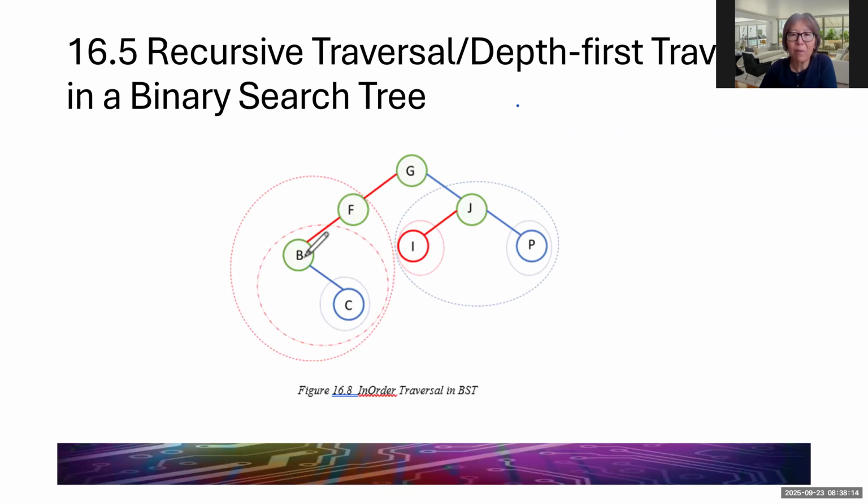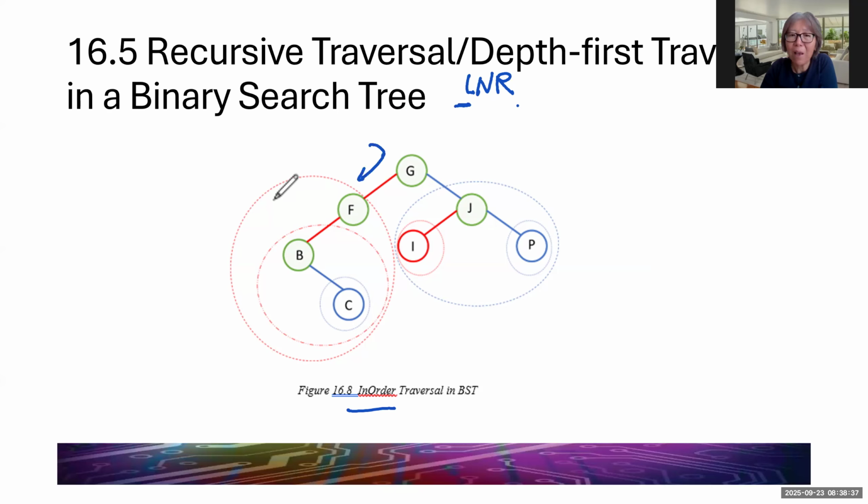Okay, so let's see. We do in order. In order is left, node, and right. Let's see how we do the traversing steps first. Of course you always start at the root node, but you are not going to stop, because it's left first.